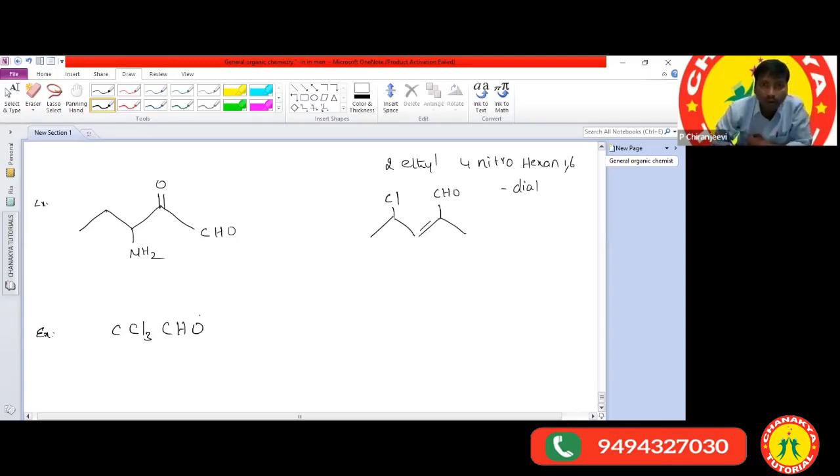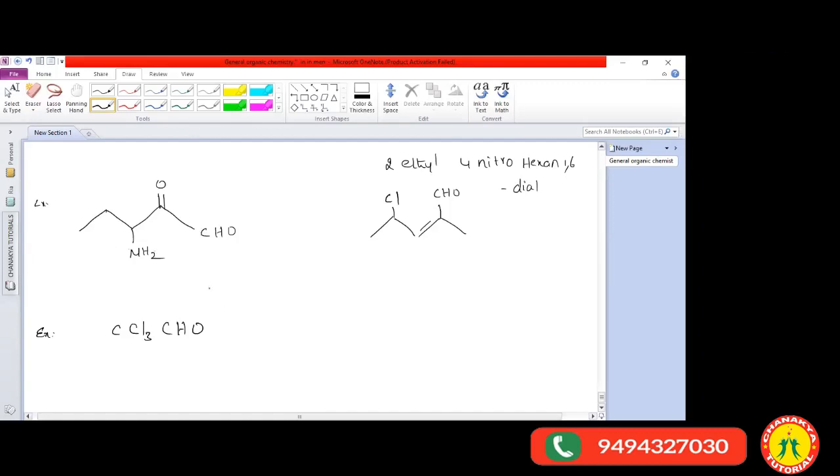Madhu is not responding. Then Samhita, number of functional groups present in the given compound.